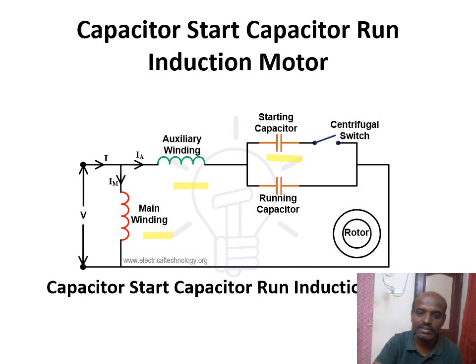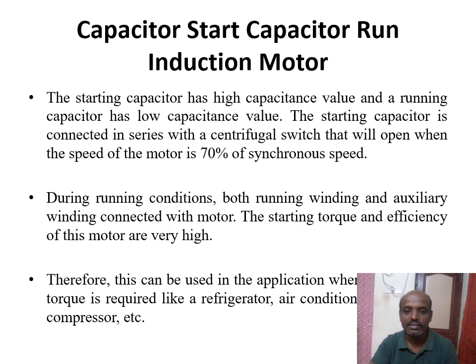Since these two capacitors are connected in parallel, we have an equivalent capacitor connected to the auxiliary winding during starting. When it reaches 75 to 80 percent of maximum speed, the centrifugal switch cuts off, so only the running capacitor will be connected to the circuit. That is what I mentioned in these statements.